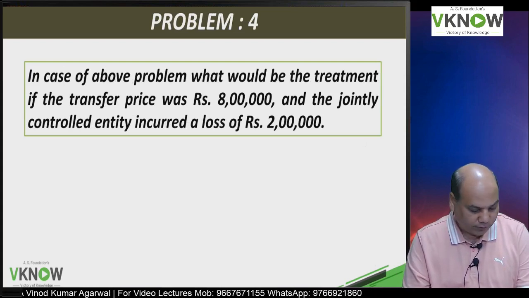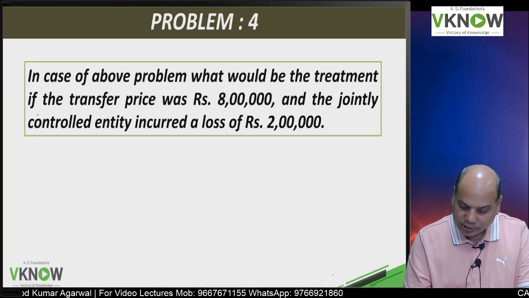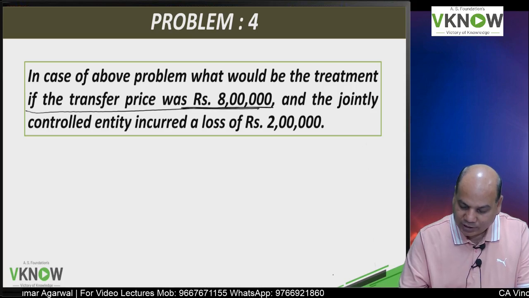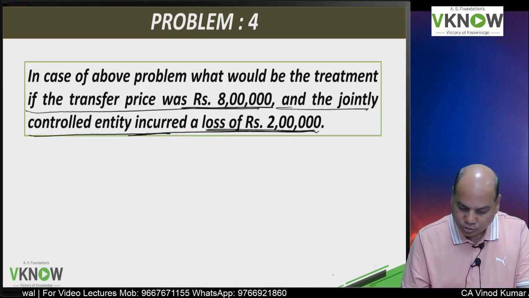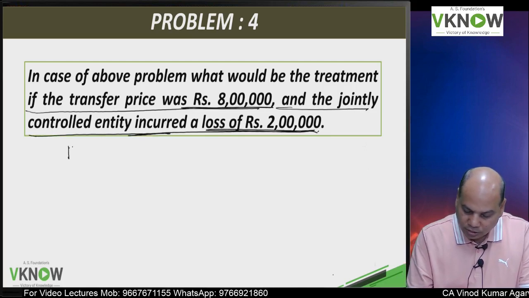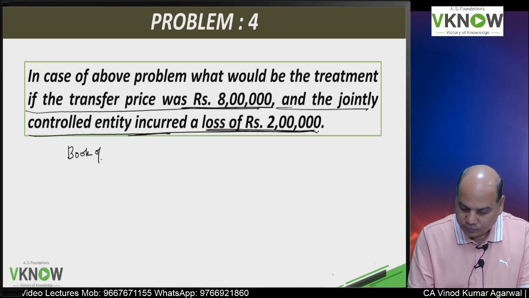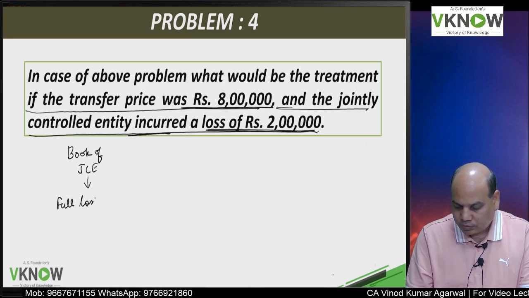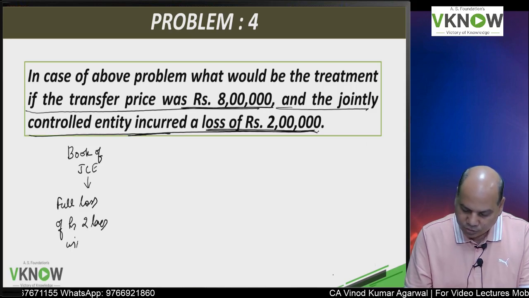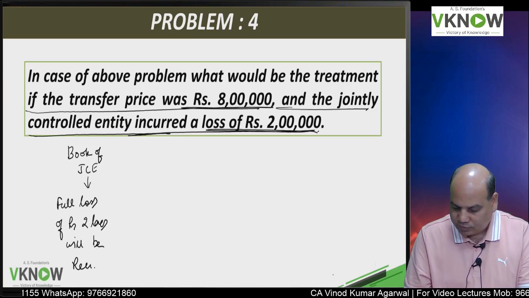In case of above problem, what would be the treatment if the transfer price was 8 lakh and the jointly controlled entity incurred a loss of 2 lakh? So in the books of jointly controlled entity, you will say full loss of rupees 2 lakhs will be recognized.